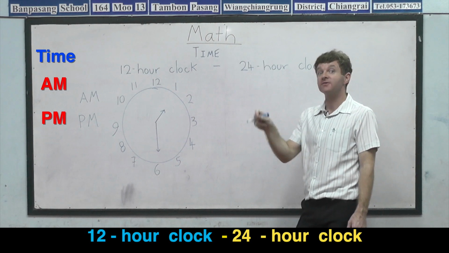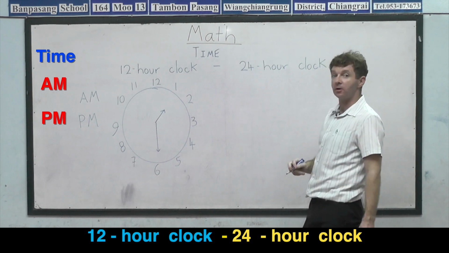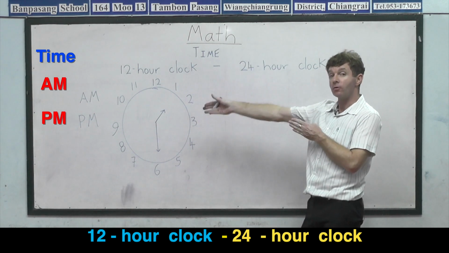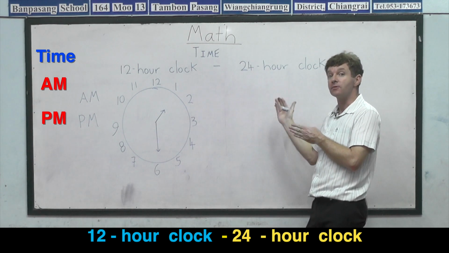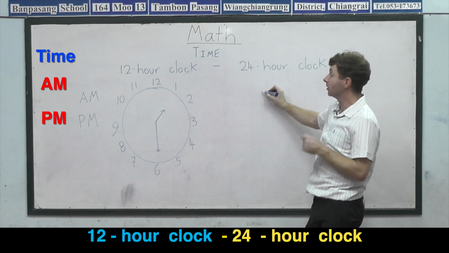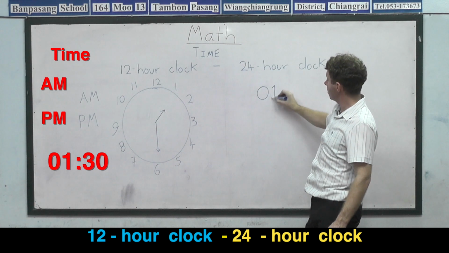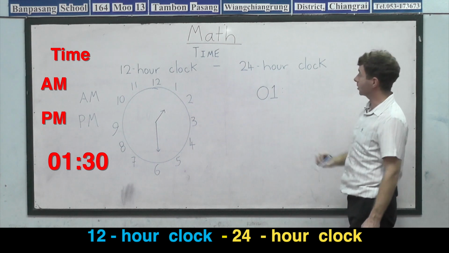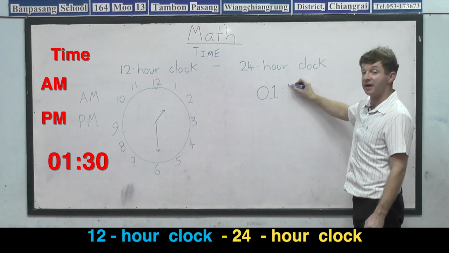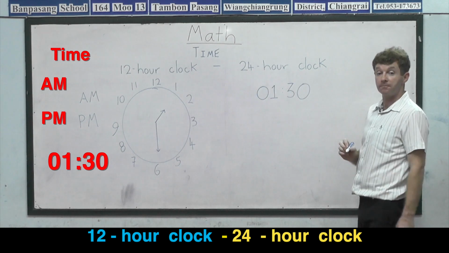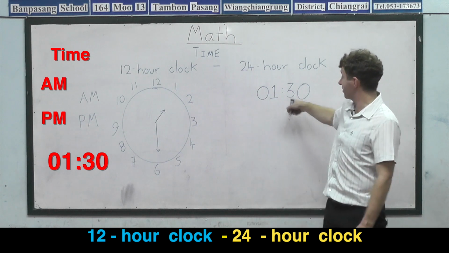So to write this on a 24-hour clock, AM is simple because it's the same on the 12-hour clock and the 24-hour clock. So 1:30 AM, 0, 1, then the colon, and then for 30, 3, 0. Okay, 01:30.